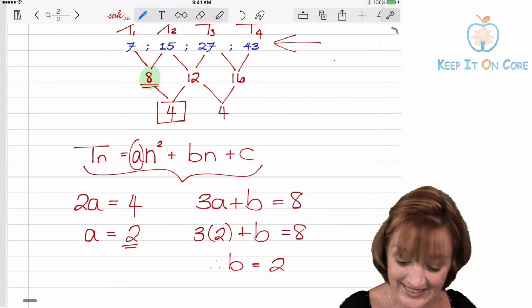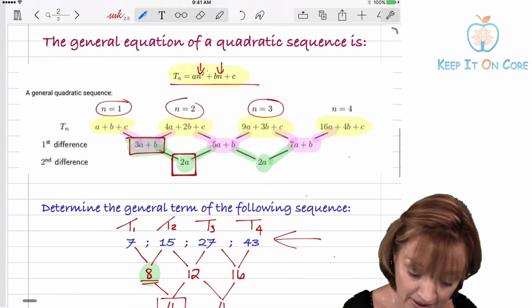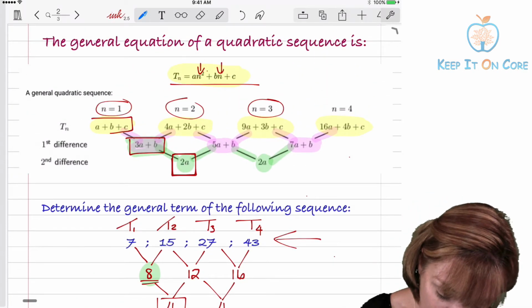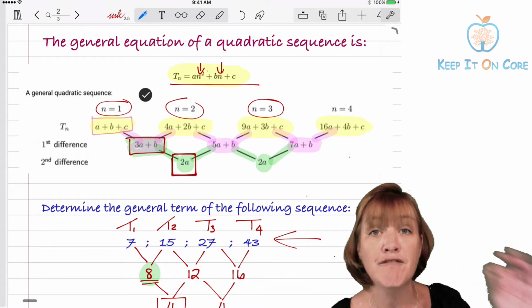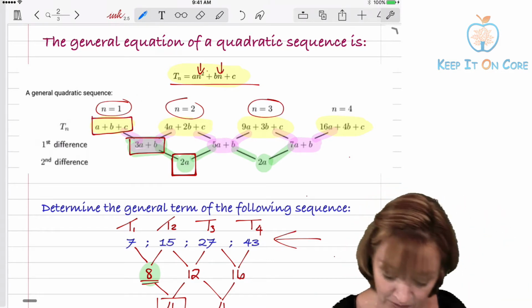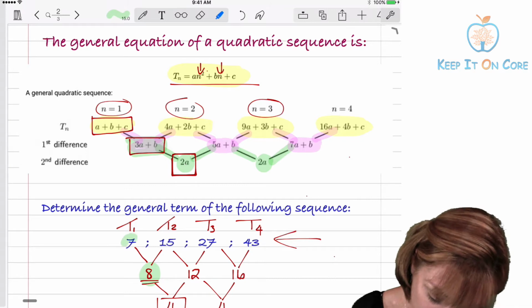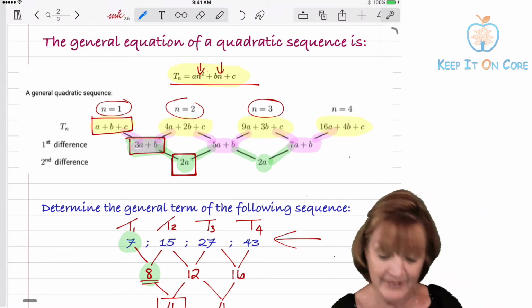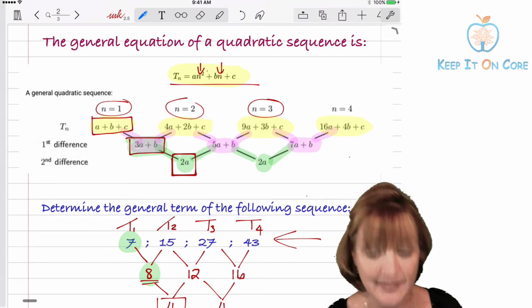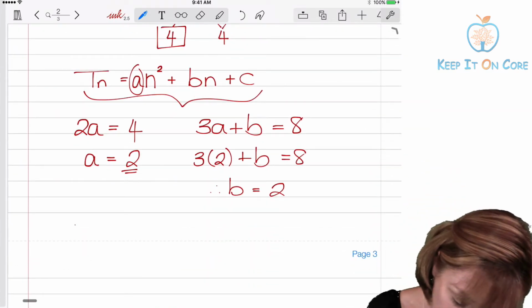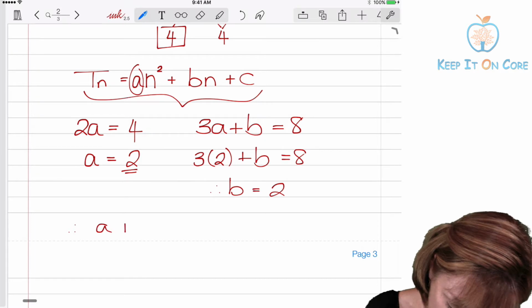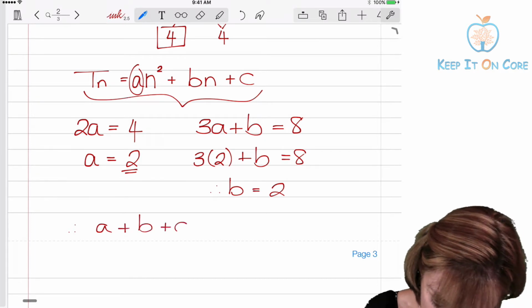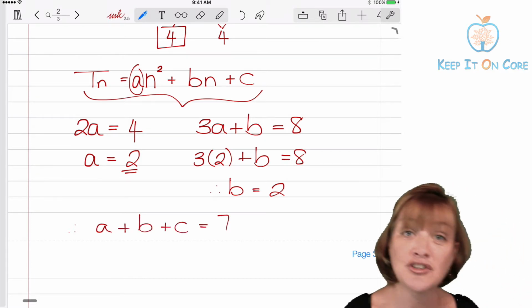All right. Now we need to solve for c. So we go back to this over here and we say, this a plus b plus c represented the first term in your sequence. Well, the first term in my sequence over here was 7. So a plus b plus c is equal to 7.